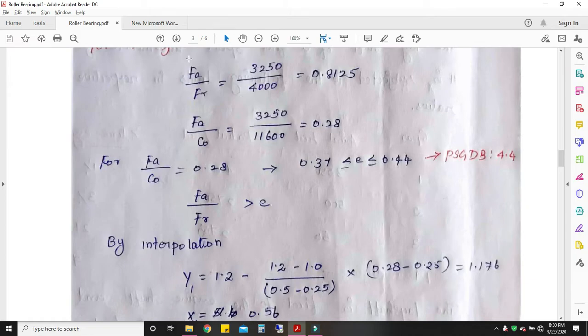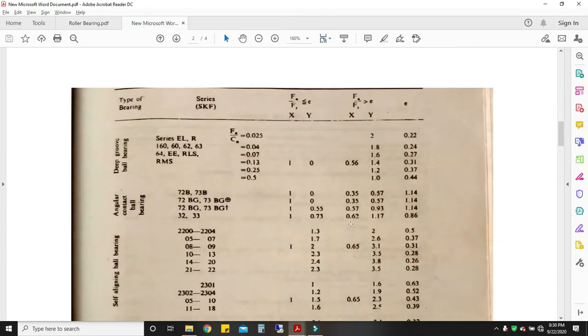Come to the design data book. Here we have a column for FA by FR greater than E. We are going to select the load factor in this column for the corresponding value of E. For FA by C naught we have the value of 0.28.